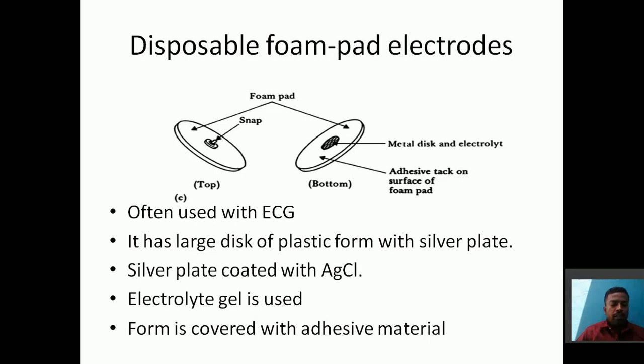Electrode gel is used in the center of the electrode. Only this place has gel, and the surrounding place has some adhesive. So the foam is covered with the adhesive material, it is very easy to fix, weightless, and there is no irritation to the patient. So this electrode is mainly what we use nowadays.